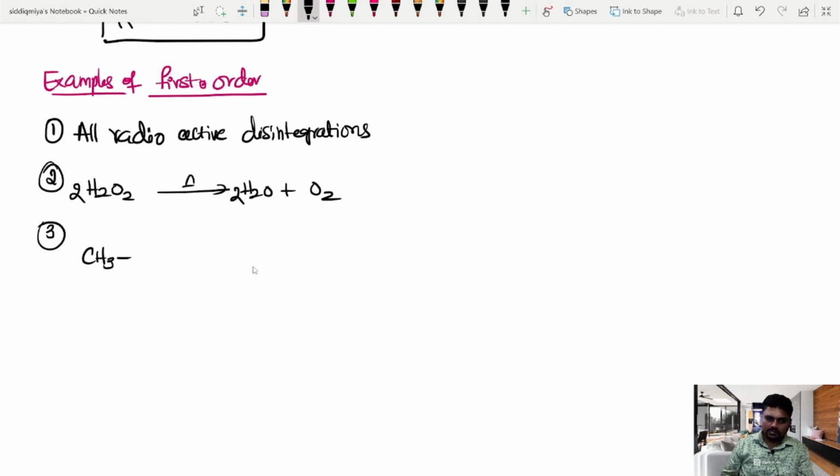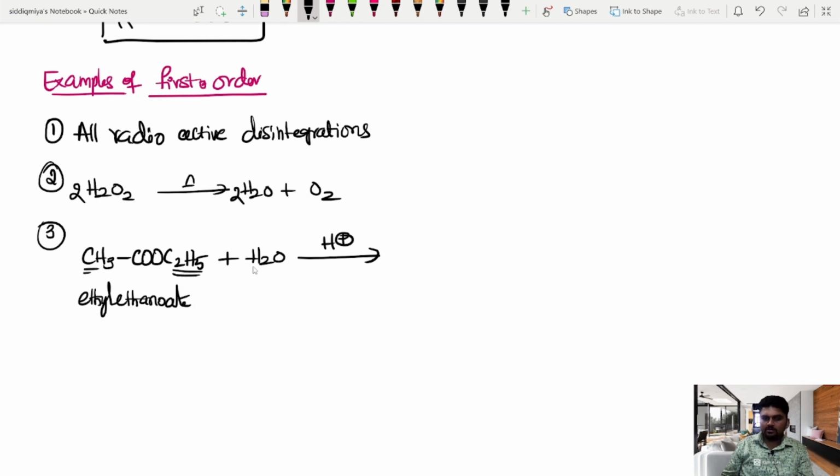Ester hydrolysis: CH3COOC2H5 plus H2O in the presence of acid. So here it is ethyl ethanoate. The ester name is ethyl ethanoate. Why? Because ethyl is there on ethanoate.